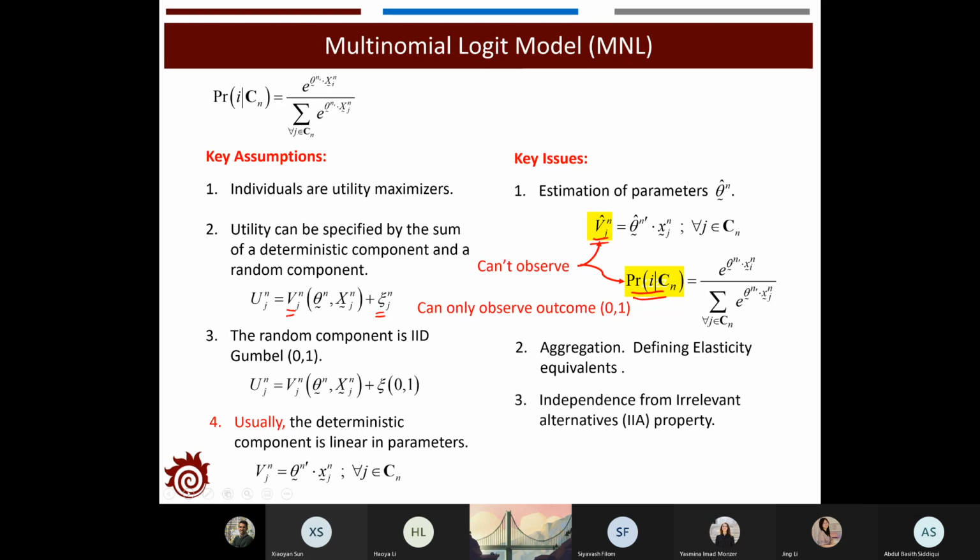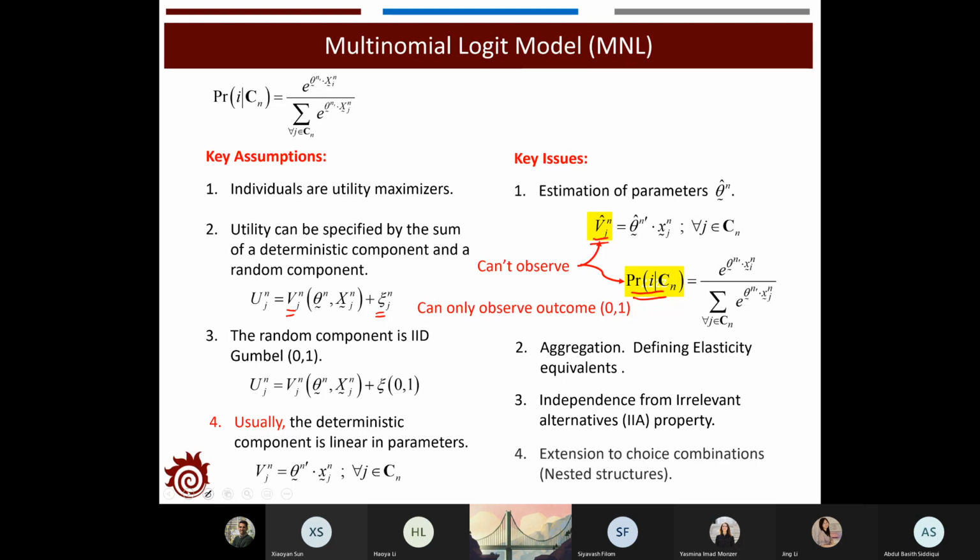The other thing we want to do is explore the IIA properties, the independence from irrelevant alternatives properties. We want to check whether the independence assumption is valid, and if it's not valid, how we are going to deal with that.